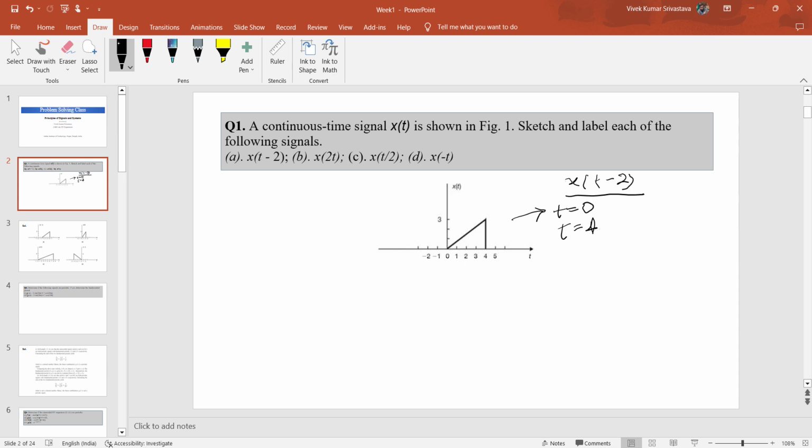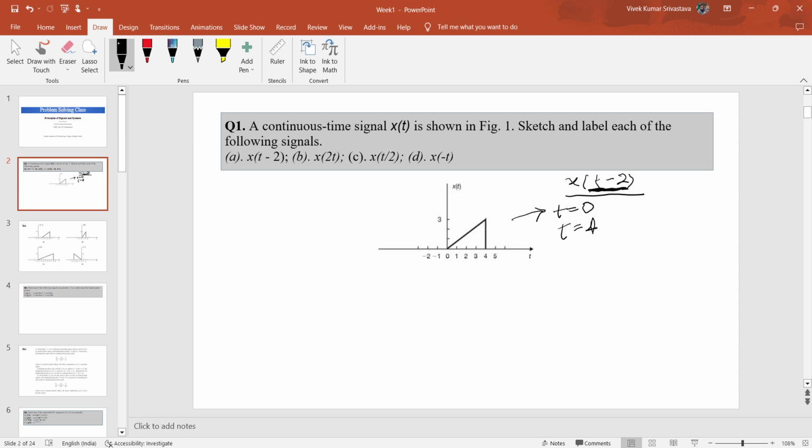Here the amplitude of the signal will not change because we are not doing any operation on the amplitude. We are only performing the operation on the argument, that is time. So let us start and solve this problem. As we can see from this figure, the argument of the signal x of t starts from t equals 0 and ends at t equals 4.